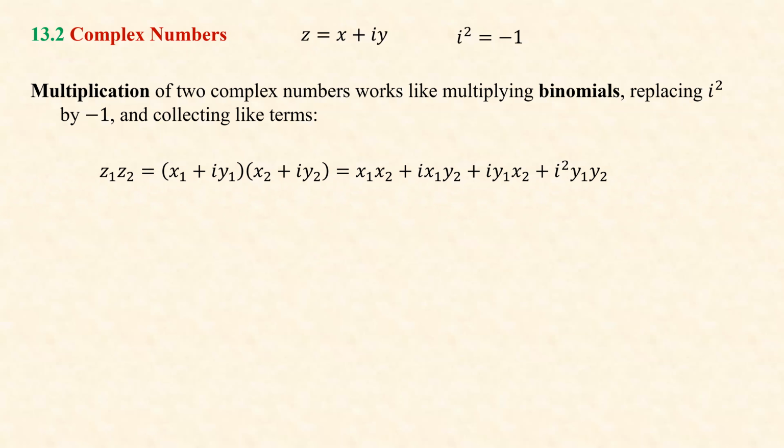So you replace that by -1, and this multiplication becomes x1 x2 minus y1 y2.